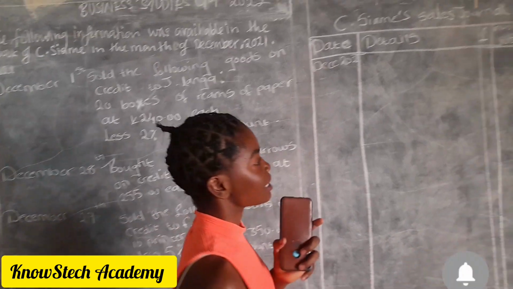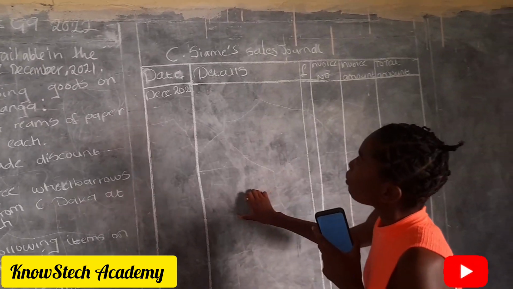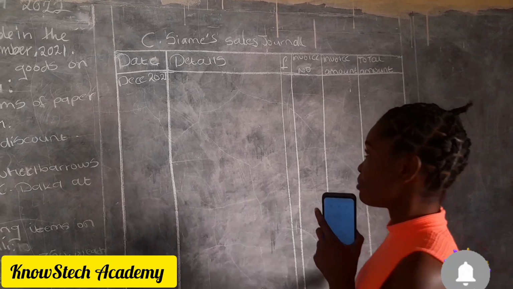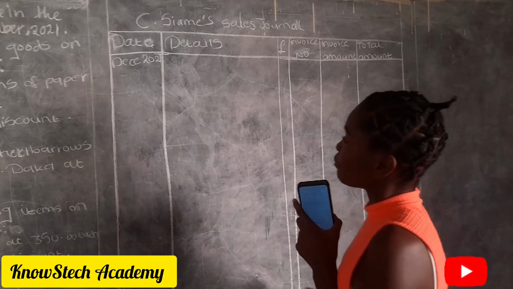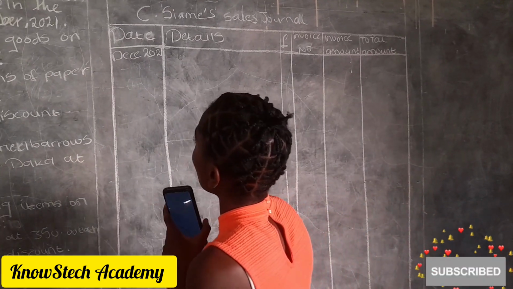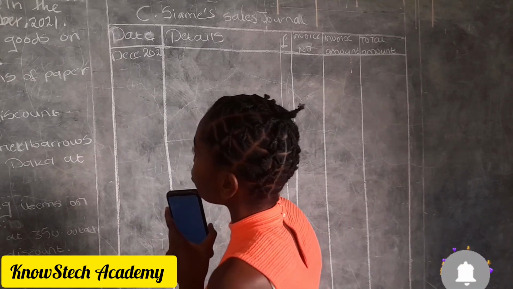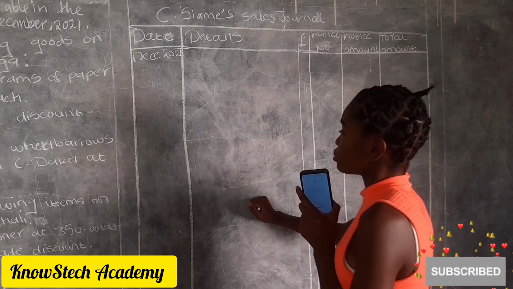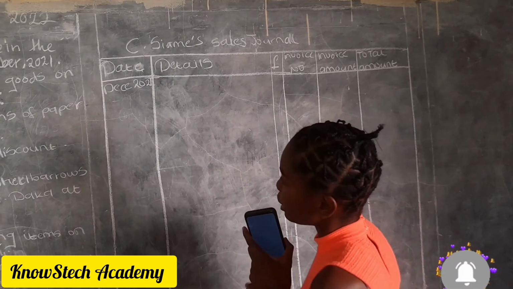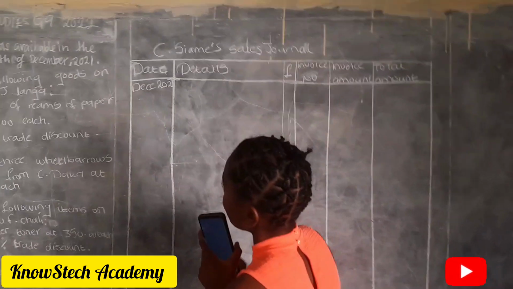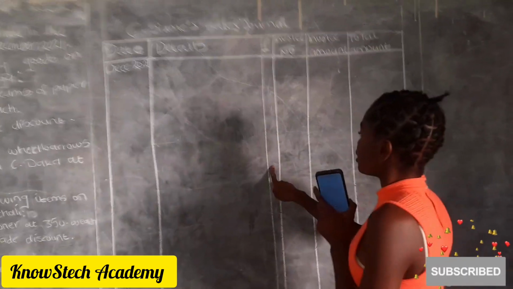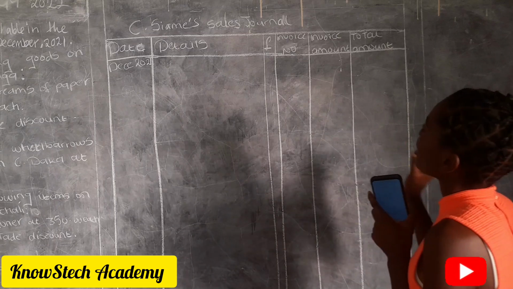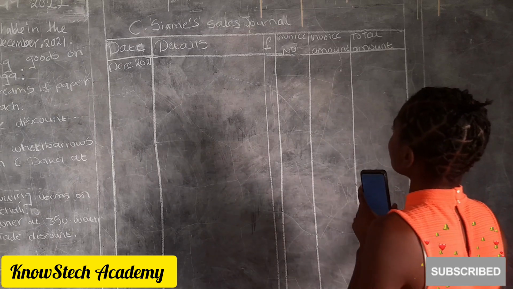As you can see, this table shows how the sales journal is supposed to look. This is the formatting for the sales journal. The first column is the date, where we write the day on which the transaction took place. The second column is the details column, where we write the items which were bought and the person who bought the items. The third column is for the folio, and then the invoice number.